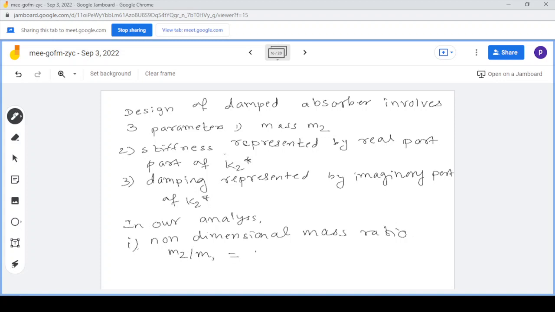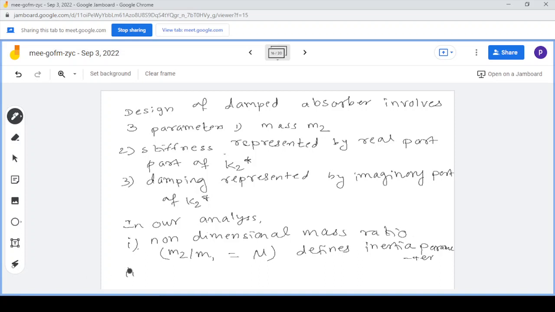Let us call this M2 by M1 as mu, which defines the inertia parameter.